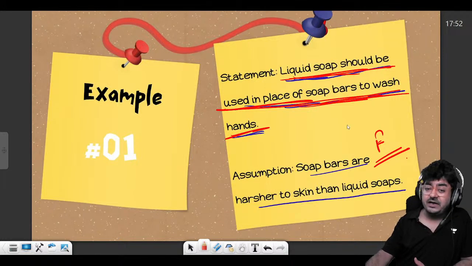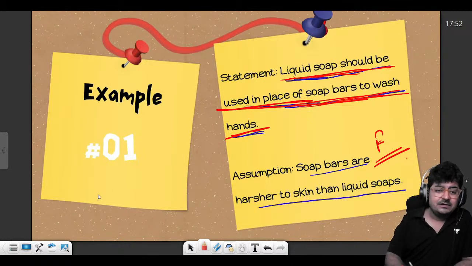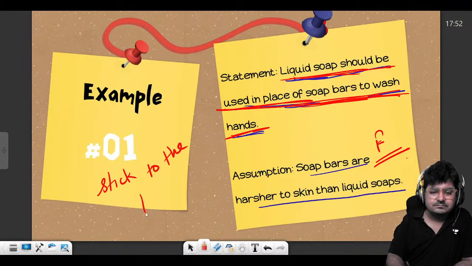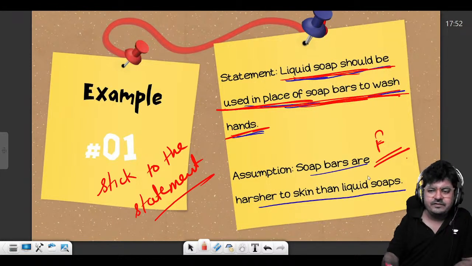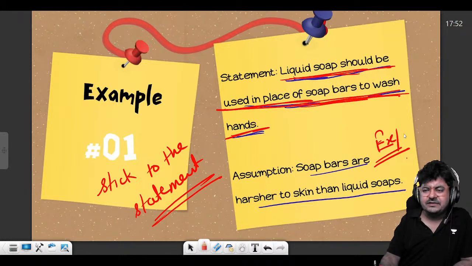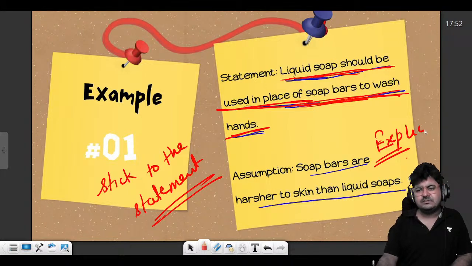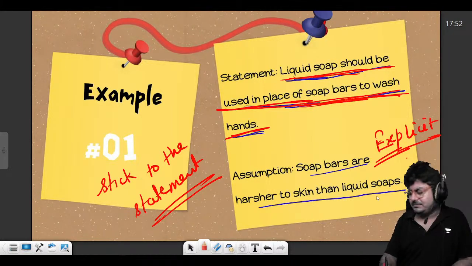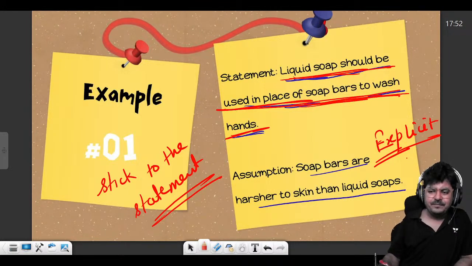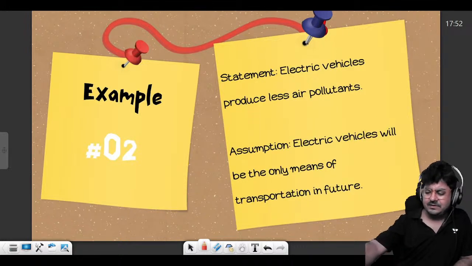And we will stick to the statement. So we will say this is an explicit assumption. Okay.